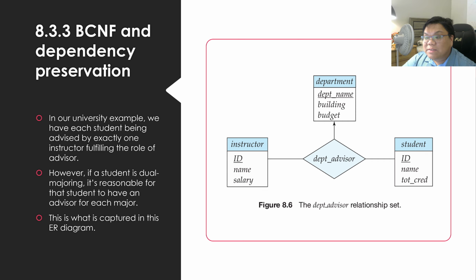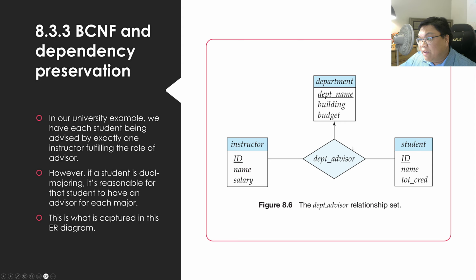What this diagram says is one student gets one advisor per department. So if a student has a department advisor, they only get one department advisor for that department. If a student dual majors, they get a separate department advisor for that department.